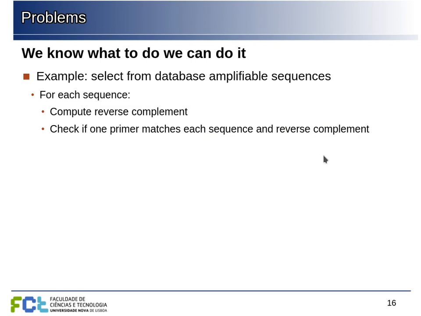So we can verify this, and if this matches, then this particular sequence in our database would be amplified if we were to do PCR on that sequence. So this is an example where we know what we want and we can think of the algorithm and we can actually implement it exactly as we want it.